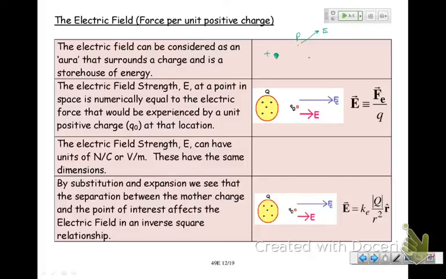Now remember, on a map, you can have contours and you can pick any point in that terrain and ask questions about it. You don't have to have a mountain top and ask questions about the mountain top. That's what we've been doing so far. One mountain top is at this vector, another mountain top is at that vector. Here's the vector between the two of them. What's the force felt by that mountain top? It's that.